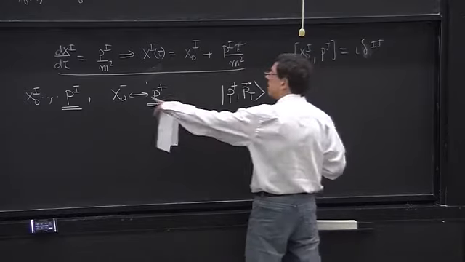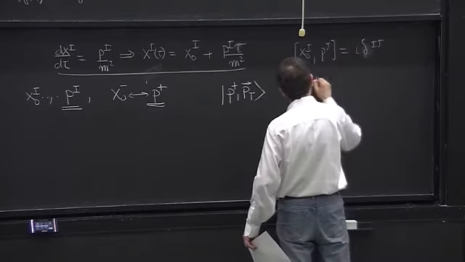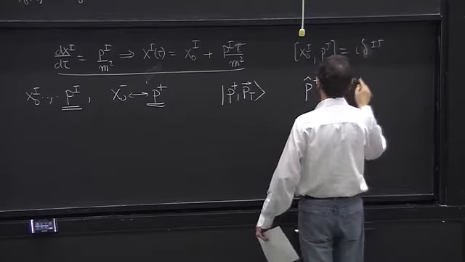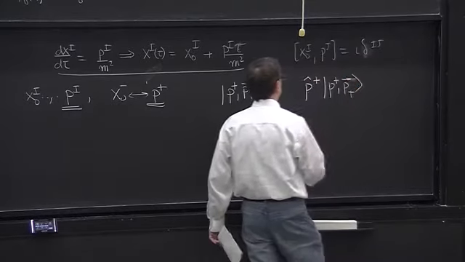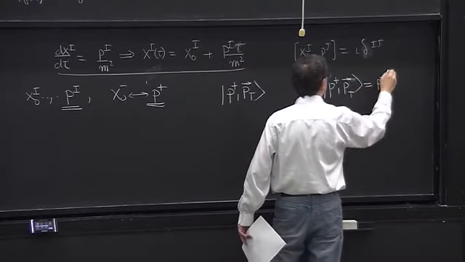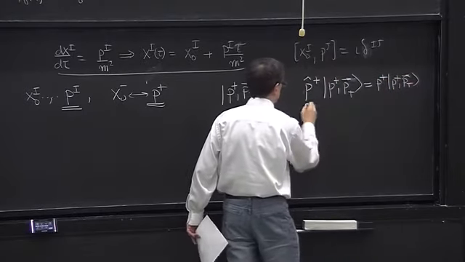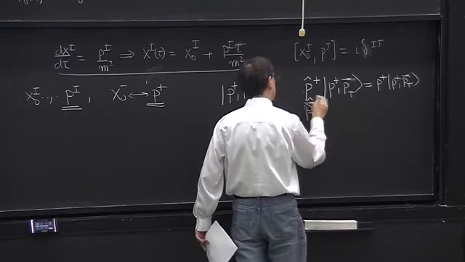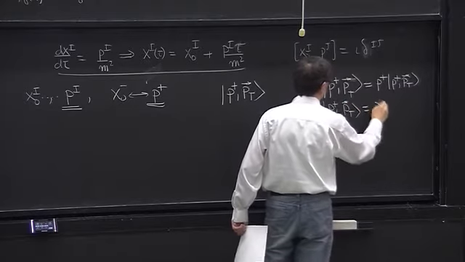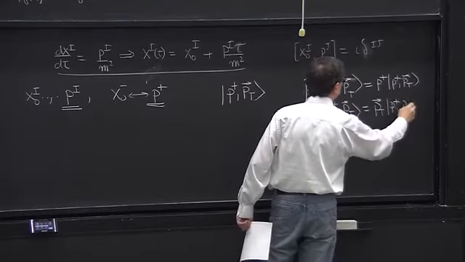So what happens with these things? These are eigenstates of this operator. If I write the eigenstate equation, I should write it with a hat, not to confuse you. The P plus operator acting on this thing is equal to P plus times the state. And the P transverse operator acting on these states is P transverse, the vector, acting on the states.